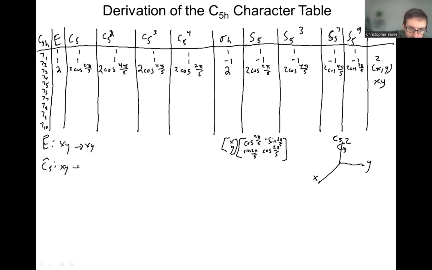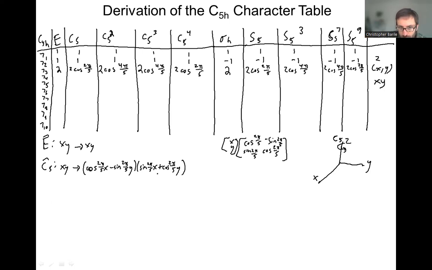So x goes to cosine 2 pi over 5 x minus sine 2 pi over 5 y. And then y goes to sine 2 pi over 5 x plus cosine 2 pi over 5 y.